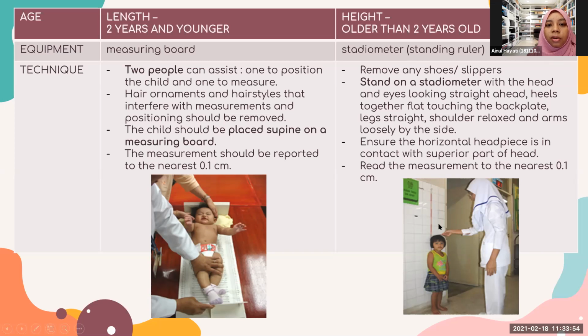The shoulders should be relaxed and the arms loosely by the side of the patient. And the nurse or the doctor should put the horizontal headpiece in contact with the superior part of the head to measure the height of the patient. And we should read the measurement to the nearest millimeter, also 0.1 centimeter.